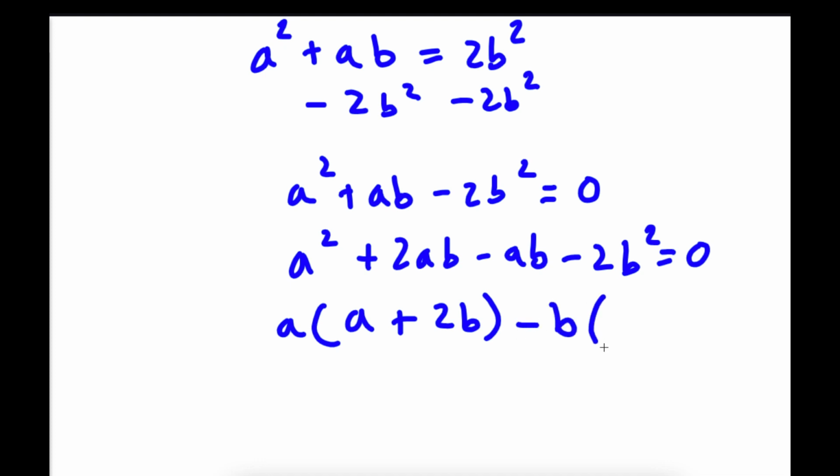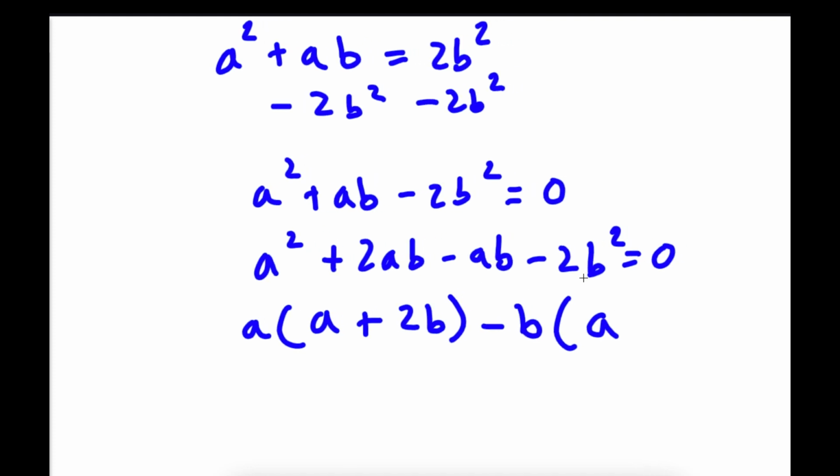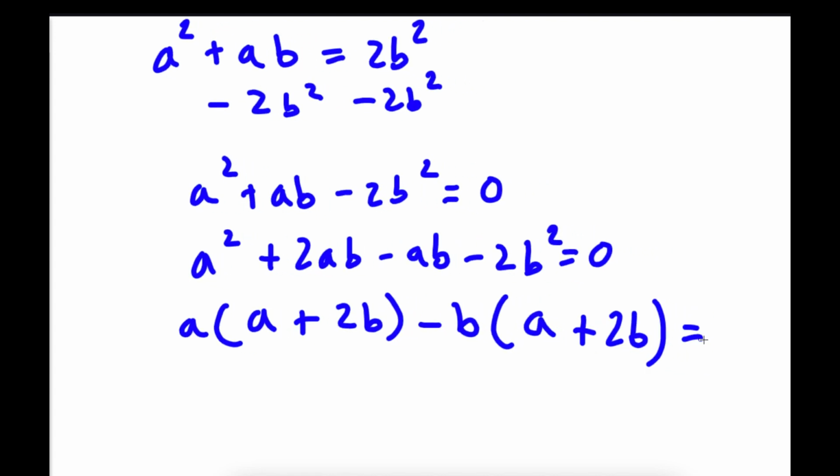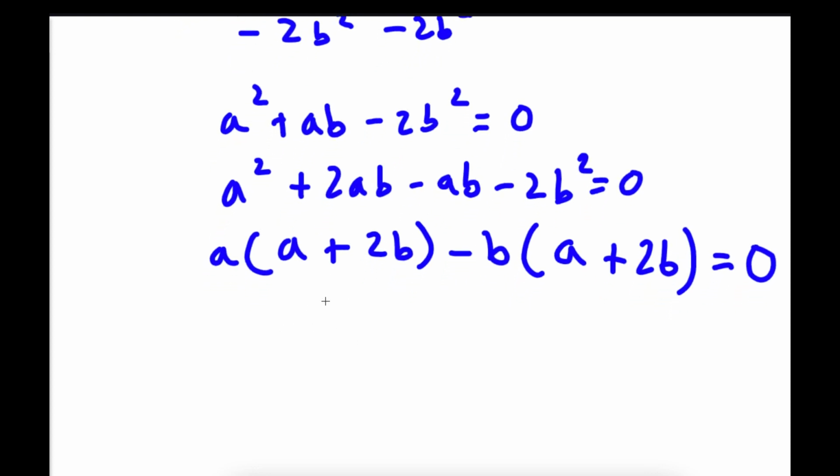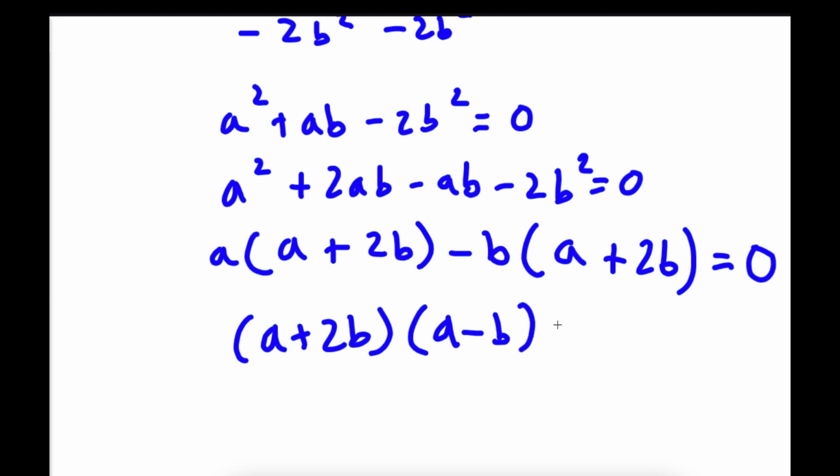So now I have negative b times a, since negative ab divided by negative b is a, and negative 2b squared divided by negative b is positive 2b. Now I can factor out a plus 2b from this, so now I have a plus 2b times, all that's left is a minus b.